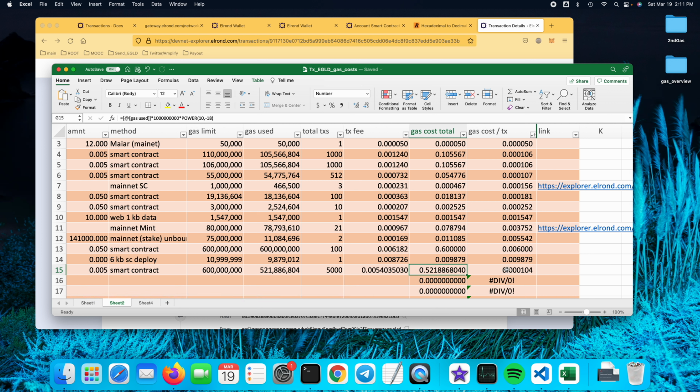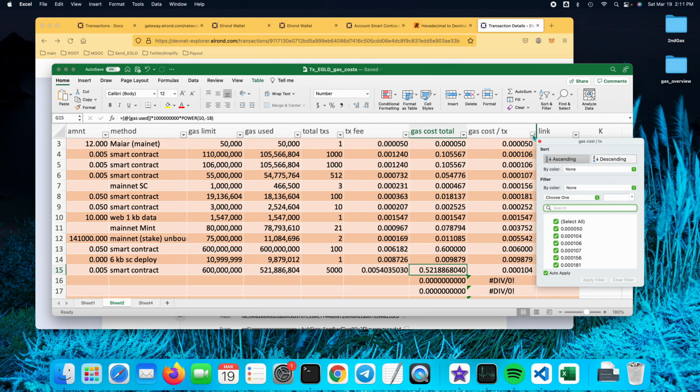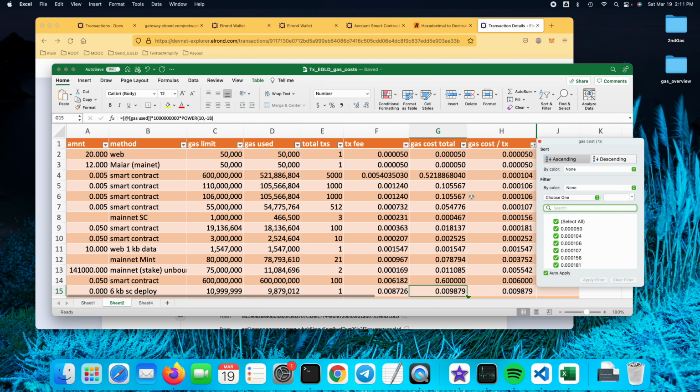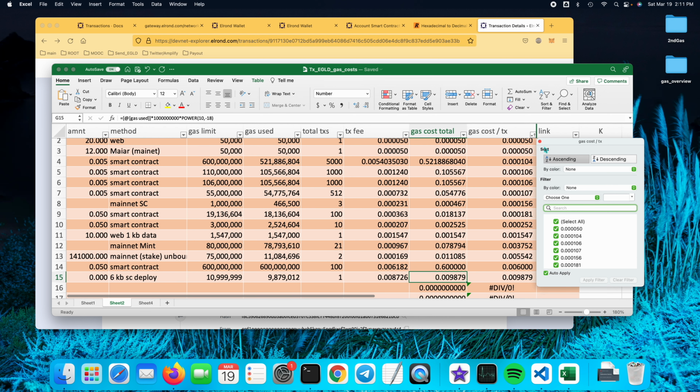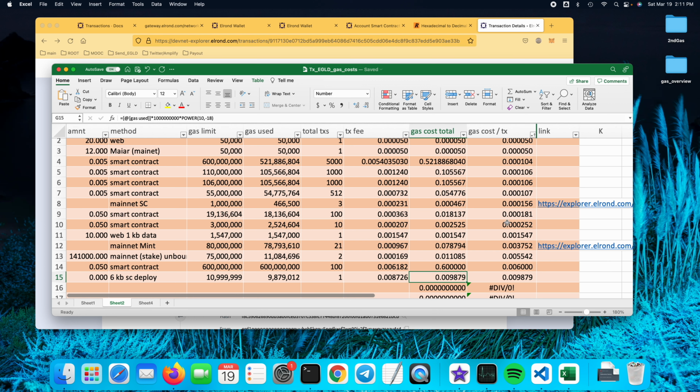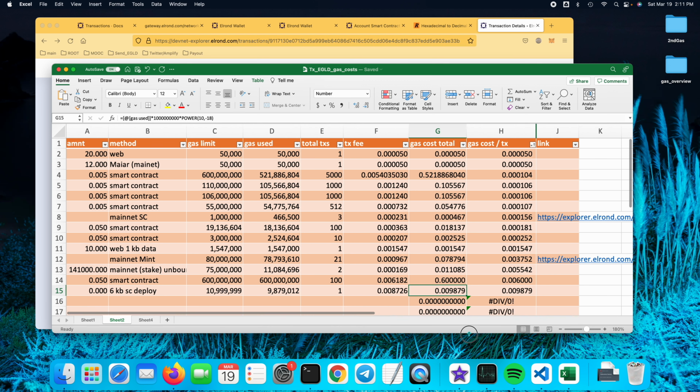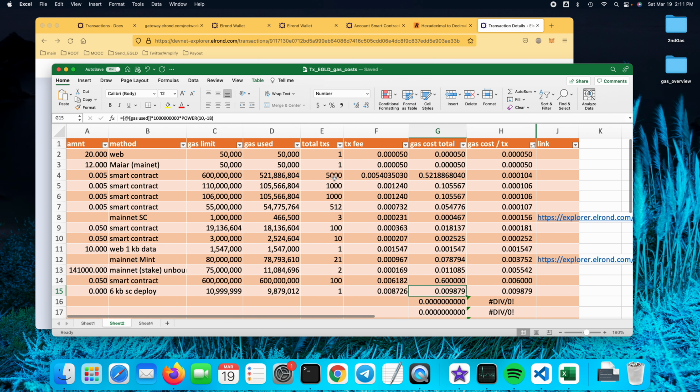And where does that put us? Cost per transaction. Yep, our 5,000 becomes our new cheapest call of the smart contract.